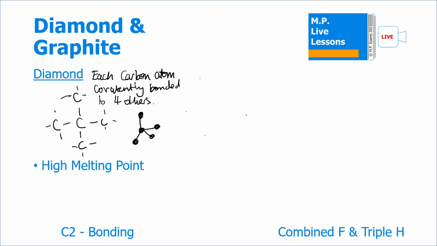We already know it's a high melting point, and they are harder because, well, all the atoms are covalently bonded together. There's no weak intermolecular forces, they're not in layers.